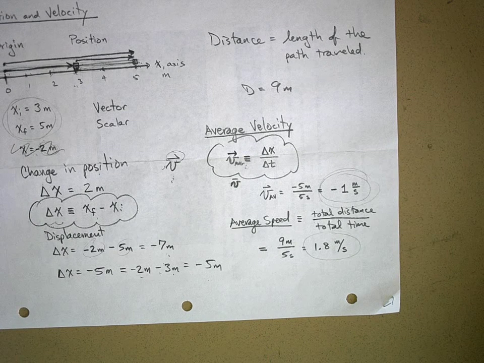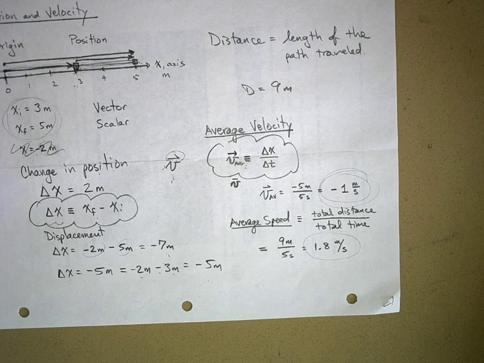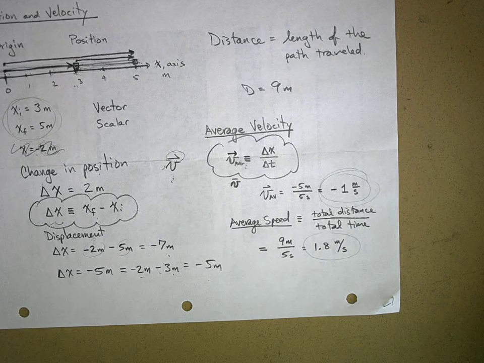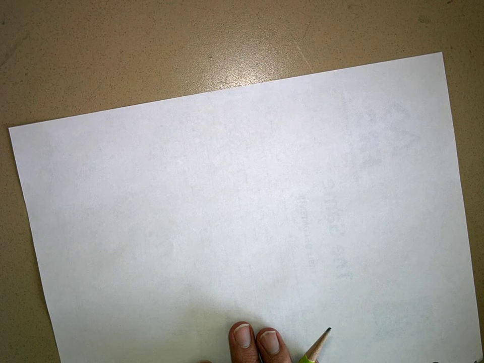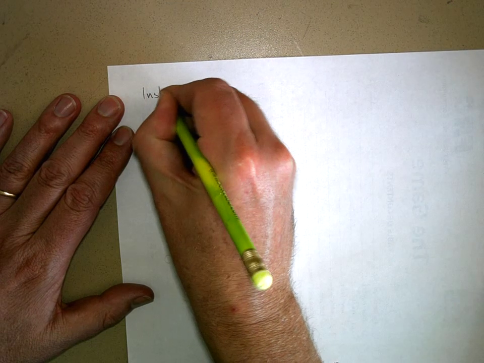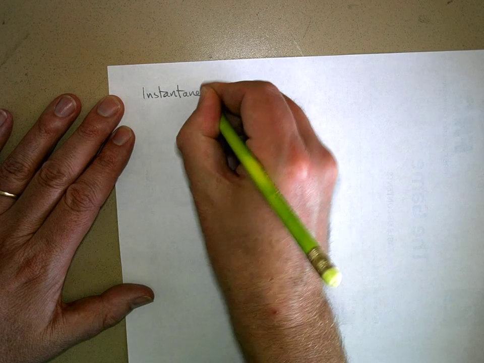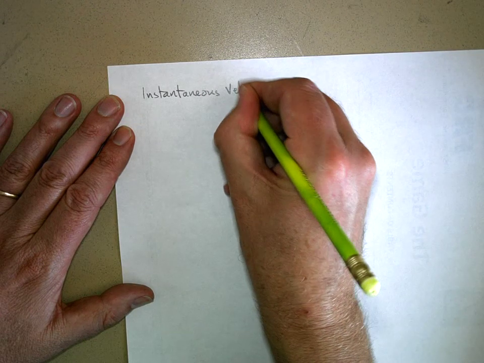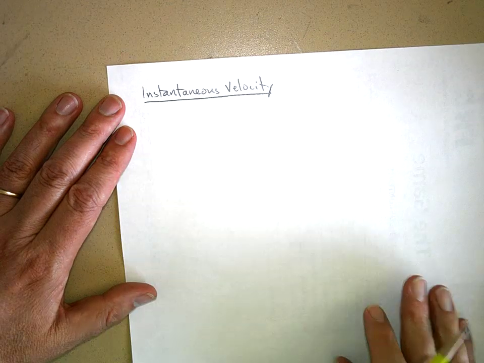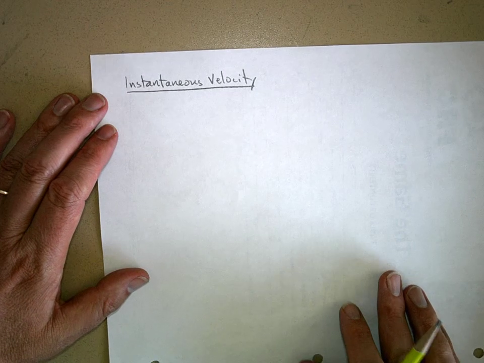Now, we have another kind of velocity, and that is called instantaneous velocity. And this quantity is well named. Instantaneous velocity means how fast and in what direction you're going right now.